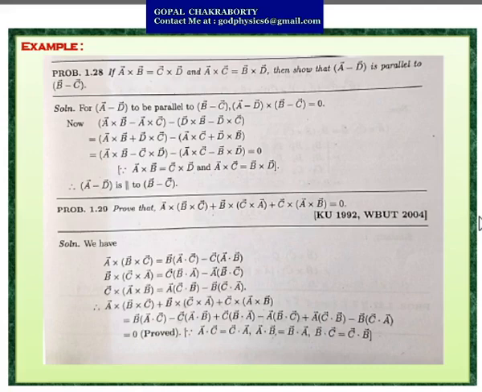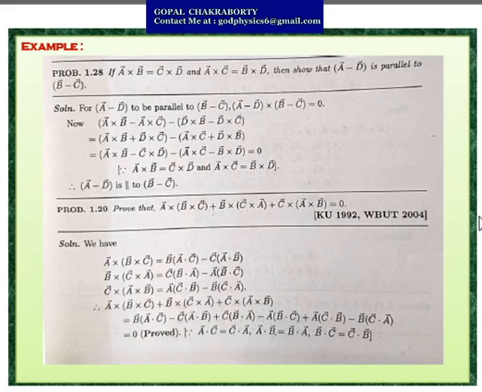So you have to use this formula. The cross product will give you 0. Here we have applied the same thing. We have to prove (A minus D) cross (B minus C) equals 0. Starting with the first line, that is A cross B minus A cross C minus D cross B minus D cross C.